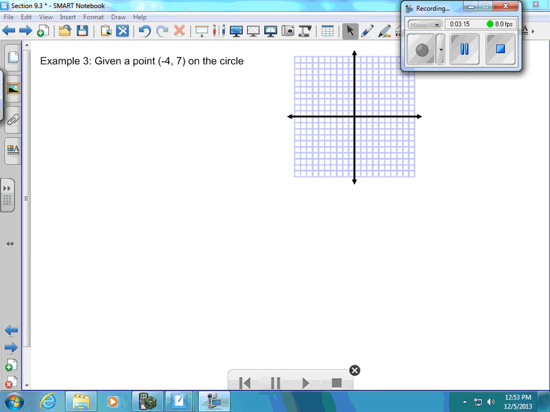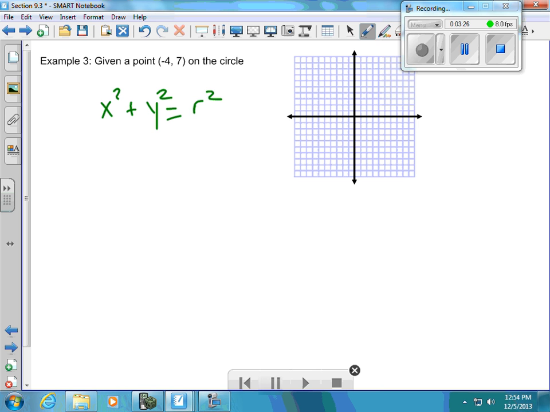Okay, given a point on the circle, can we write an equation? Well, if it's given a point, then it's giving us an x and a y, so to speak, that is on the circle. So negative 4 squared plus 7 squared equals r squared.